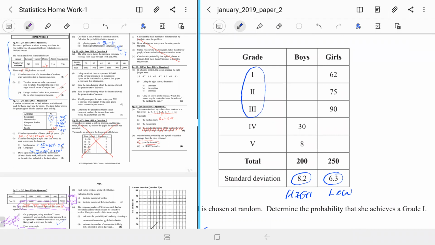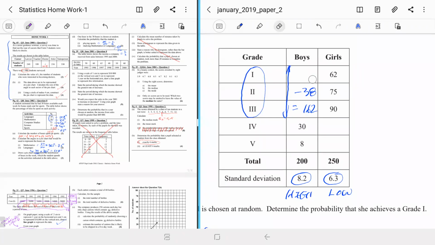Because the total students were 200 minus 38. 200 minus 38 is the number of students we get between grade 1 and 3. You don't know the actual marks they got, but you know that is the amount there: 162 students in that section.